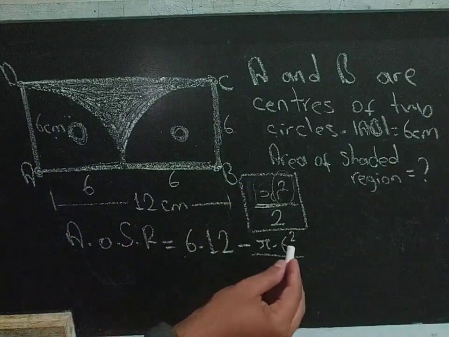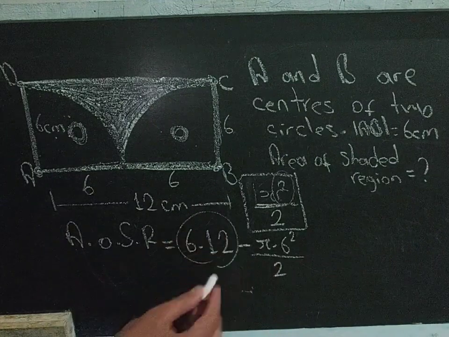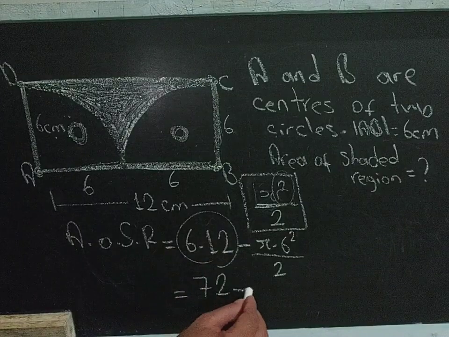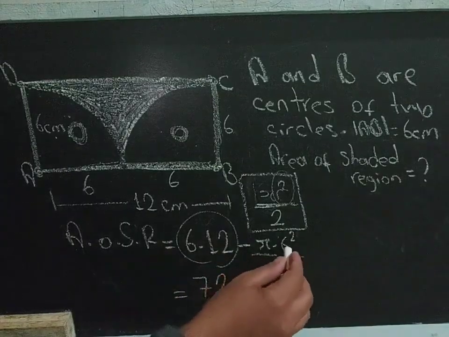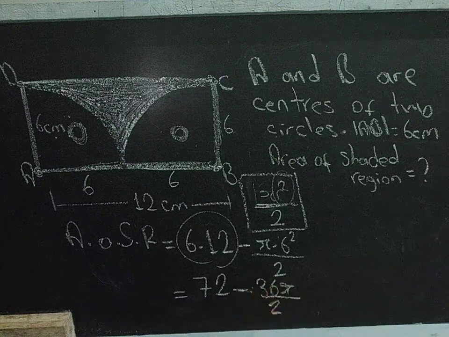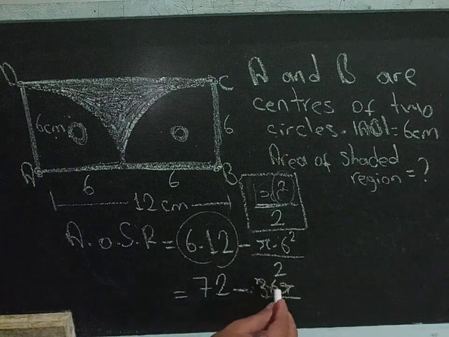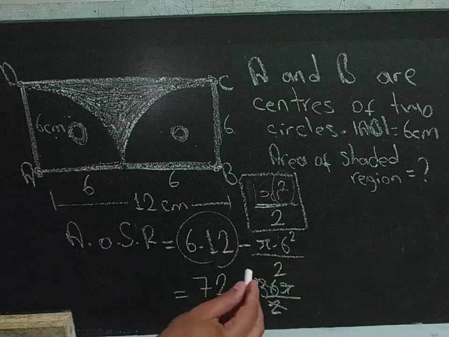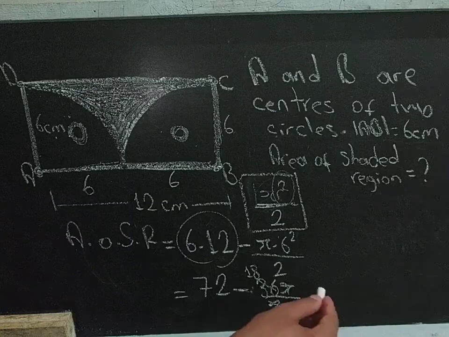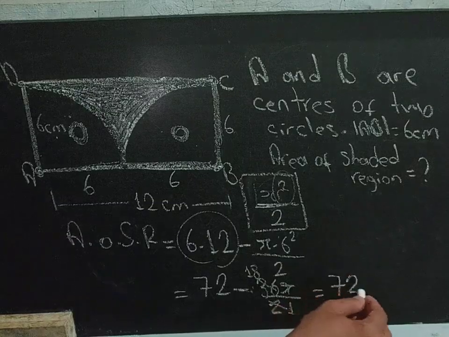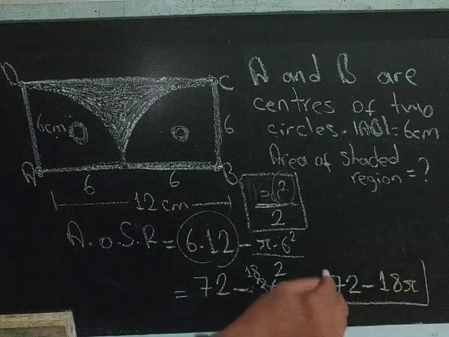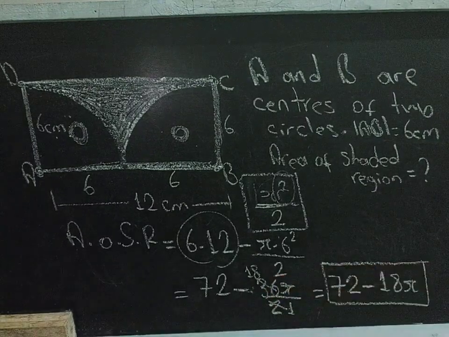So then I'm going to calculate this part, which is going to be 72 minus pi times 6 square, which is 36 pi over 2, and I can simplify this by 2. That's going to be 18, that's going to be 1, which is 72 minus 18 pi, which is going to be your final answer.